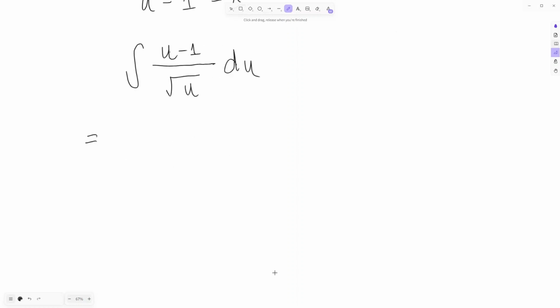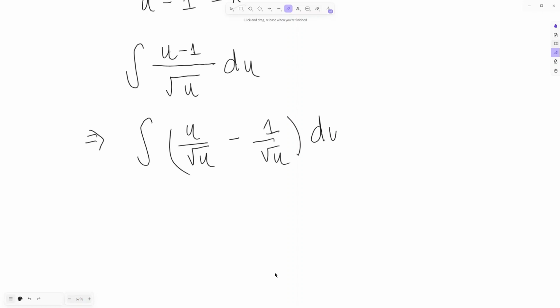We can take that and separate it into two expressions. So we will end up with u over the square root of u minus 1 over the square root of u, and that's all times du. Now, if we look at this, this is just u to the power of 1 over u to the power of 1/2. And if we take that, we can say that that's equal to u to the power of 1/2.